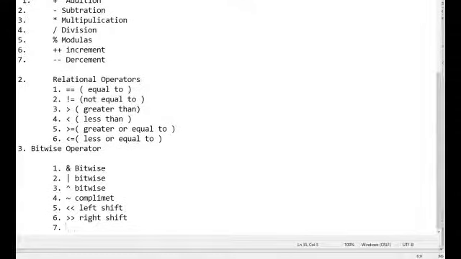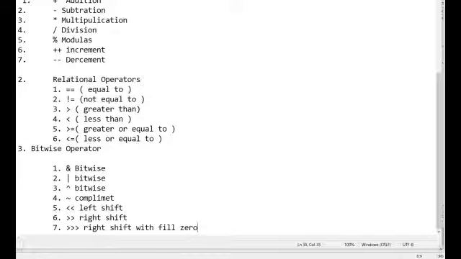Seventh, right shift with fill 0. These are the categories of bitwise operators that we are going to see in today's lecture.